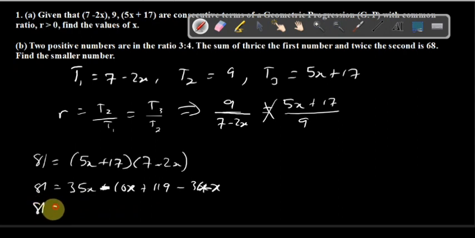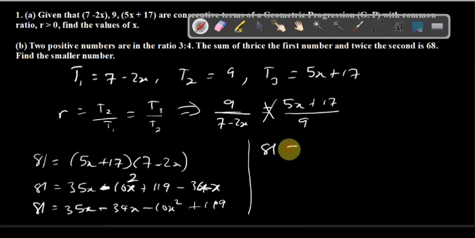So we have 81 is equal to 35x minus 34x, because they are like terms, and we have minus 10x squared plus 119. On evaluating this, we're going to have 81 equals x, then we are left with minus 10x squared plus 119.